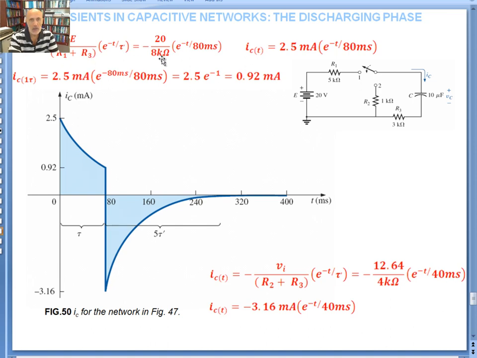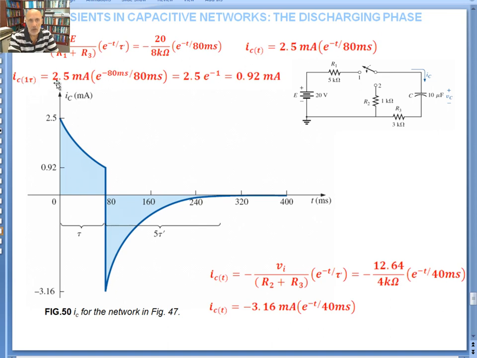So the waveform for the current during the charging would be, I'm sorry, that should be positive. During the charging it is positive, that's 2.5, that's a typo. So it should be 2.5 milliamps e to the minus t over 80 milliseconds.